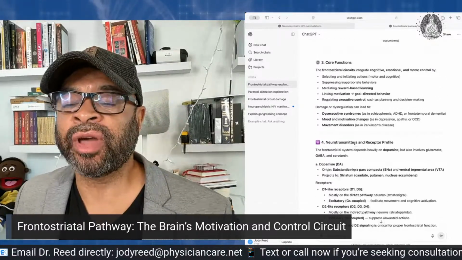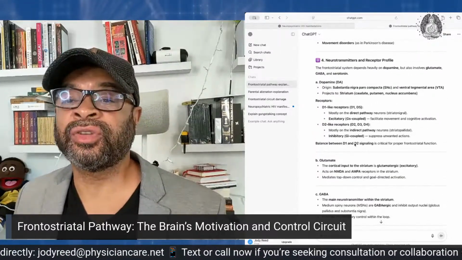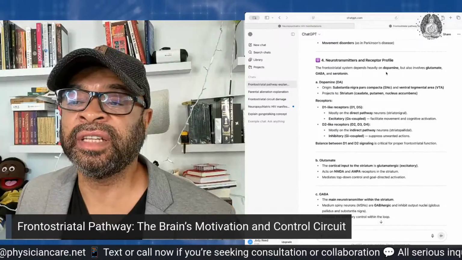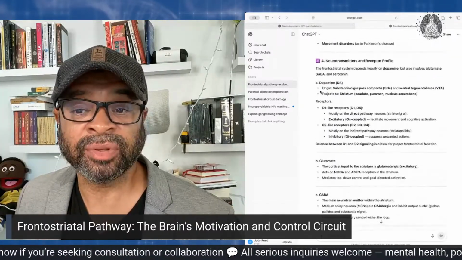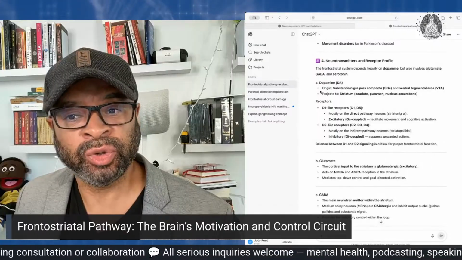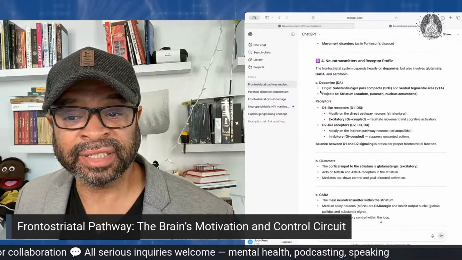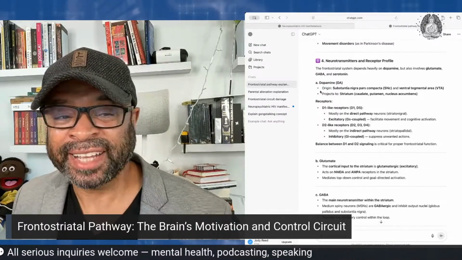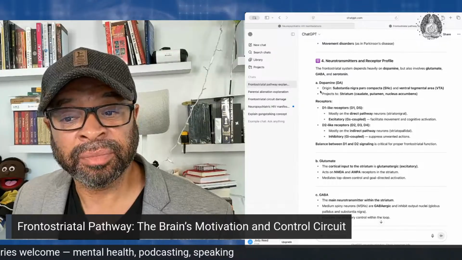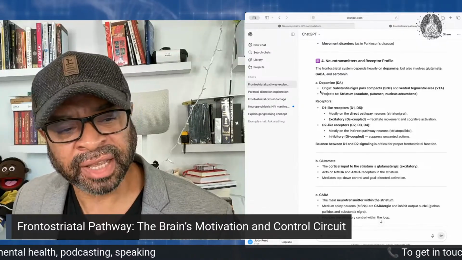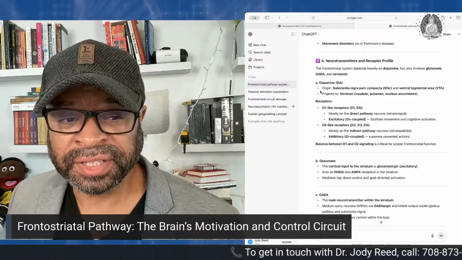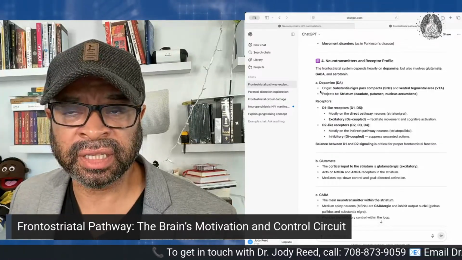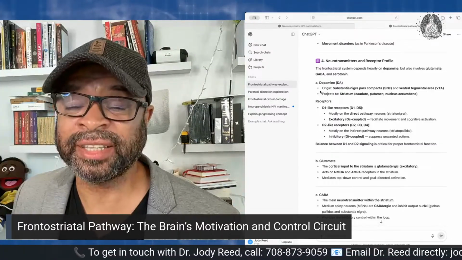So this frontal striatal circuit is heavily dopaminergic, so it involves D1 and D2 receptors. If the patient is having difficulties in this area, then antipsychotic medications can be used. The typical antipsychotics like Haldol and Prolixin primarily bind D2 receptors, right?